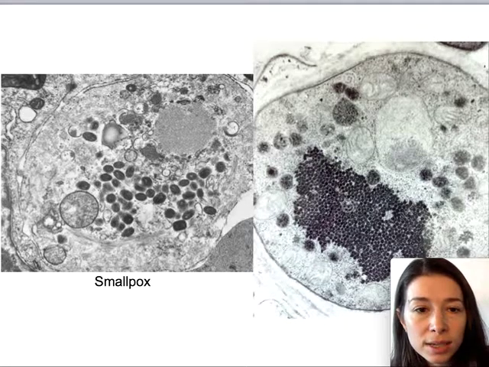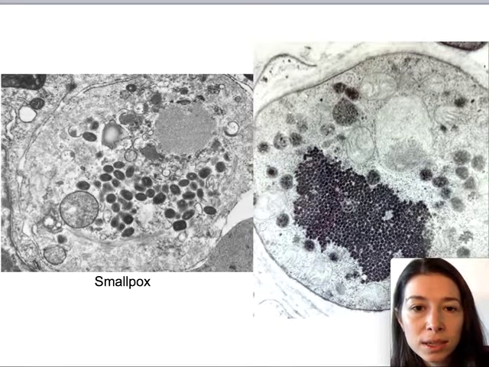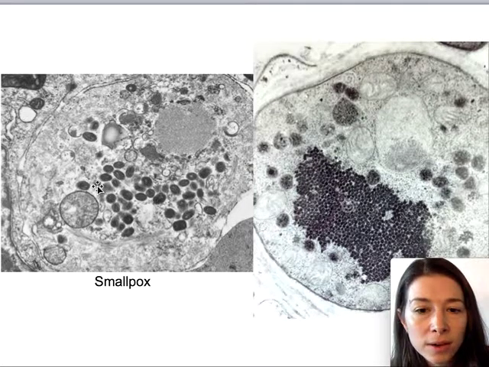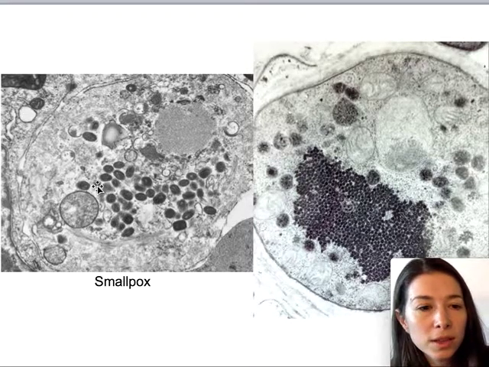Now they're taking cells and slicing them in half with a knife so we can see a cutaway of the inside of the cell. They're showing you that cells that are infected with smallpox create these granules that contain the virus, these inclusion bodies that are very characteristic of cells that are infected with smallpox if you look at them under a microscope.